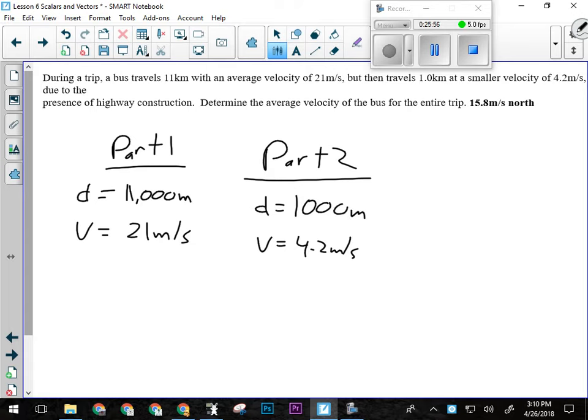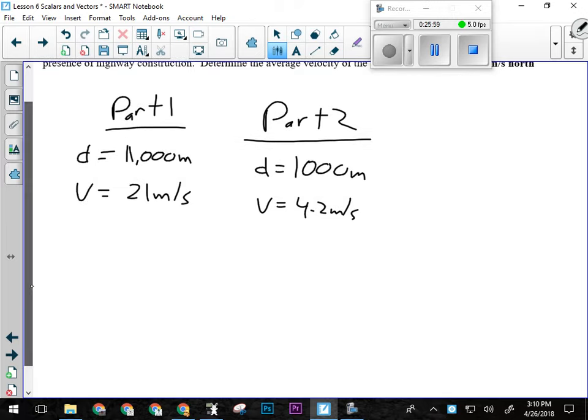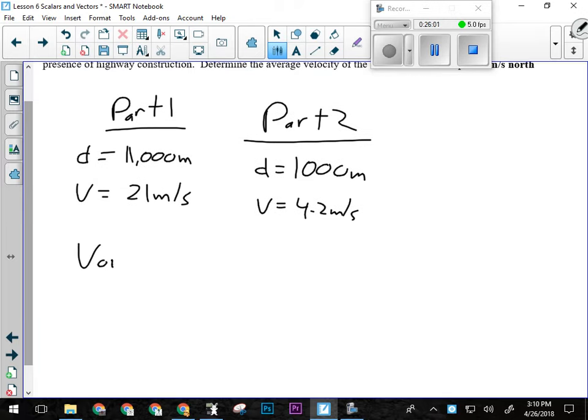All right, so what's the average velocity of the bus over the entire trip? Well, if I'm going to find average speed, sorry, in this case, okay, that's a typo there. Average speed is going to be total distance over total time. Well, I don't have the times for either part, do I? But can I find the time for both parts? Yeah, okay. I'm just going to manipulate v equals d over t to solve for t.